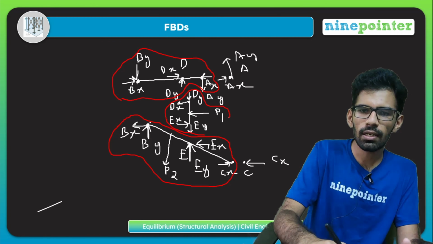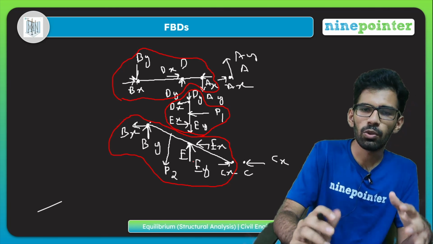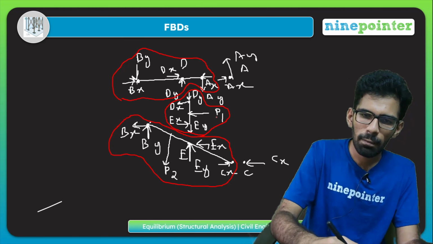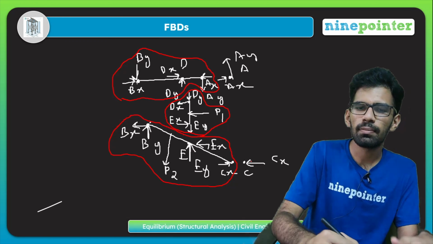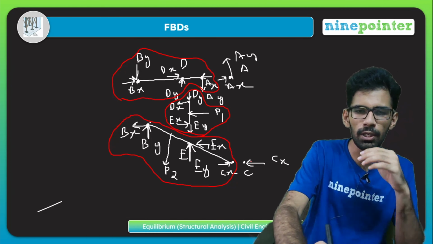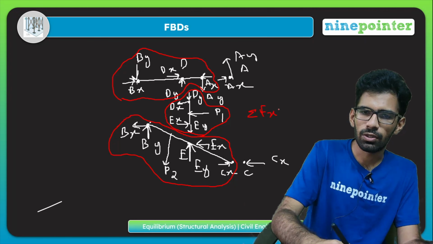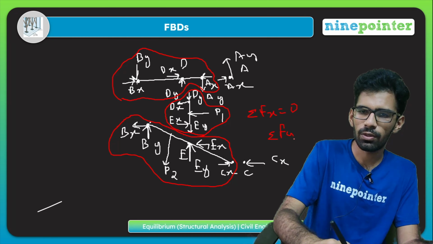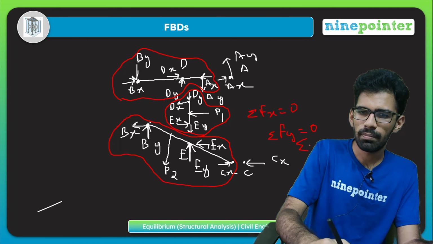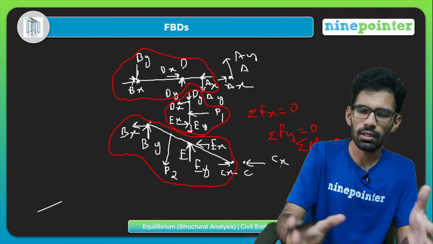So these are components among which we can apply the equations of equilibrium to get the individual forces, because P1 and P2 are known, so we can express all the forces on the basis of P1 and P2. We can just write summation Fx equals 0, summation Fy equals 0, summation Mz equals 0, and find out the value of all the forces that are here.